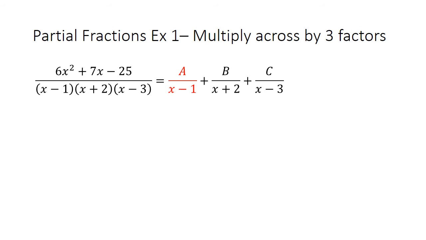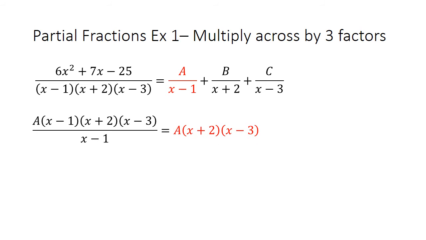So what happens when we multiply the first term on the right-hand side by the three factors? You'll see that we have x minus 1 above and x minus 1 below, so they cancel. And the arbitrary constant A is multiplied by the other two factors. This gives us the second term in our transformed equation.